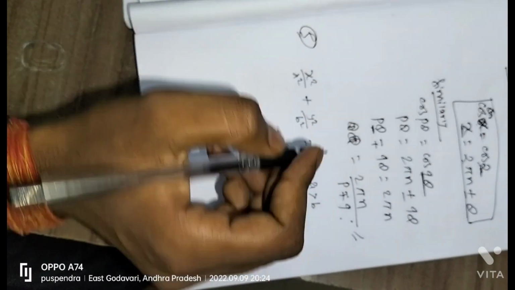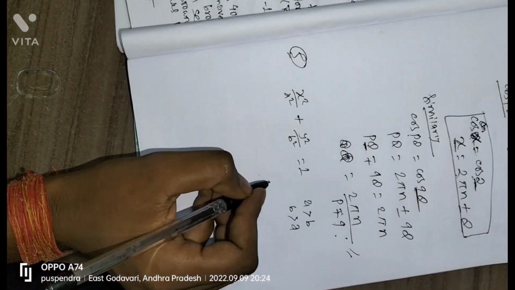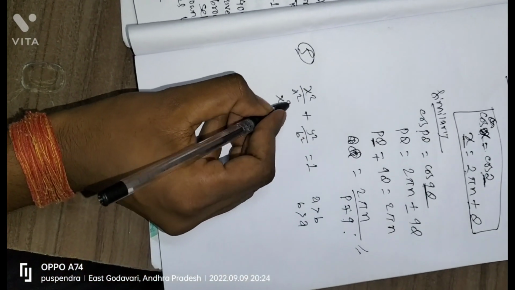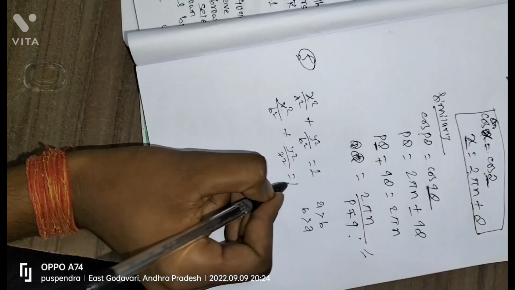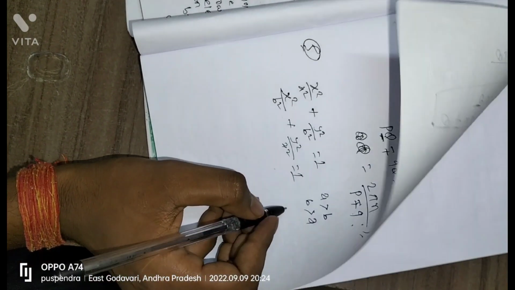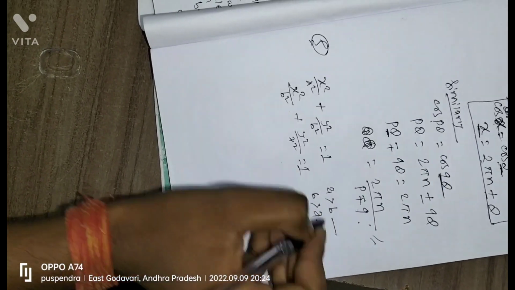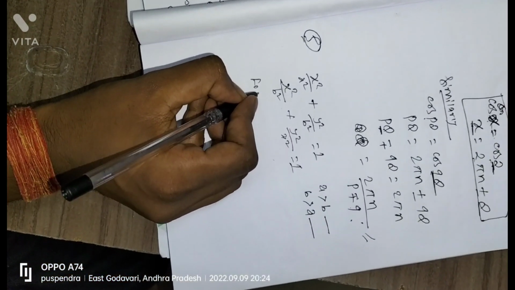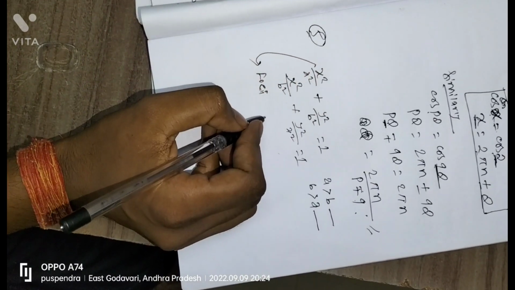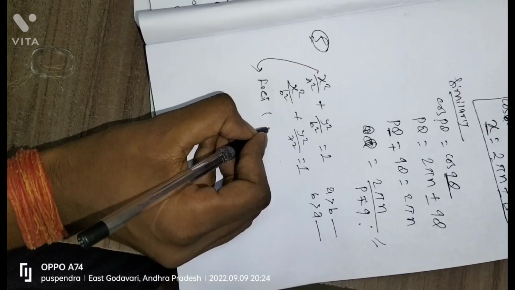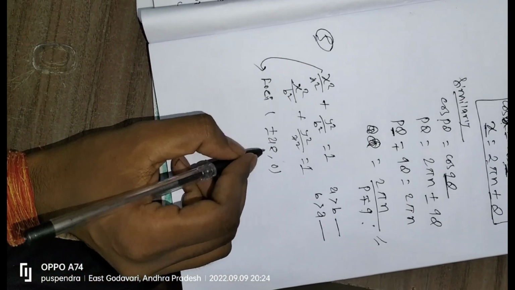If b is greater than a, it will be x square by b square plus y square by a square equals 1. Now this has a different formula and this has a different formula. The foci will be plus minus ae comma 0.